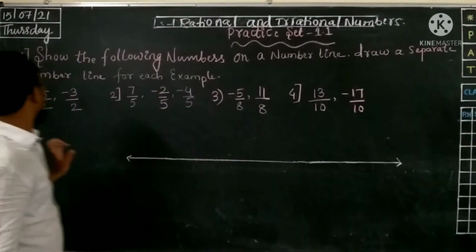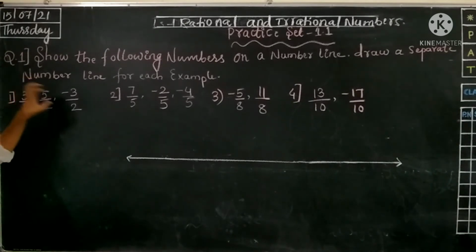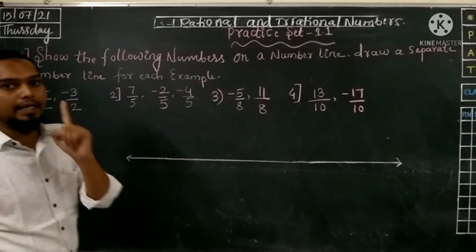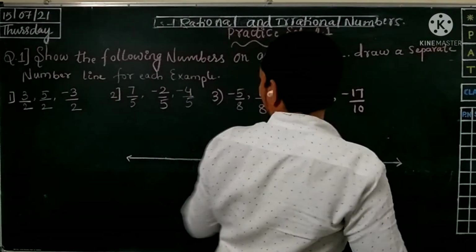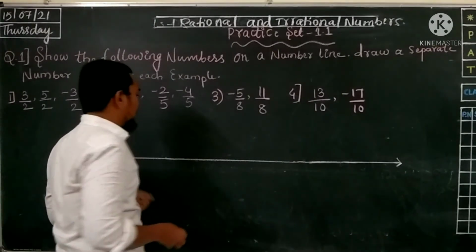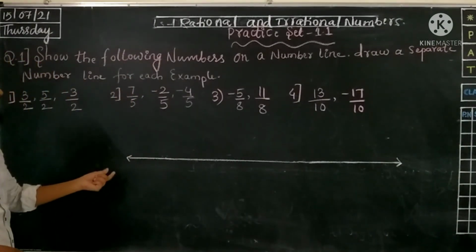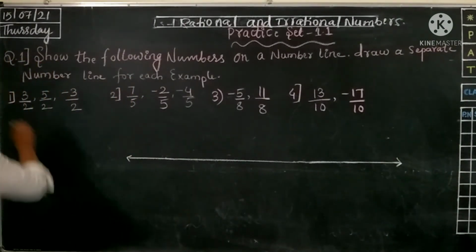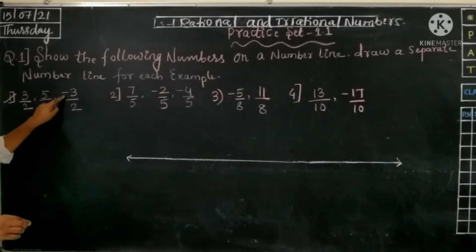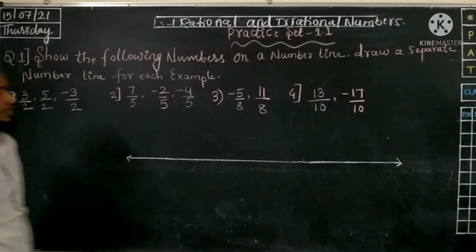In each example, only one number line can be drawn. Okay, next. First of all, we will draw only one number line. The first example is 3 upon 2, 5 upon 2, minus 3 upon 2.